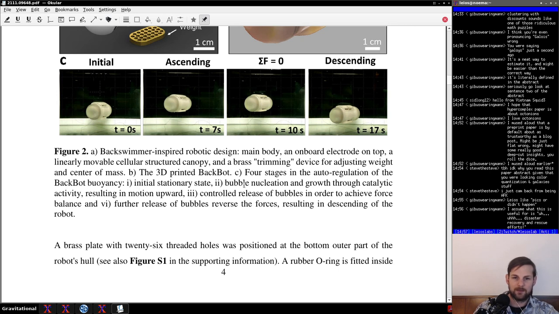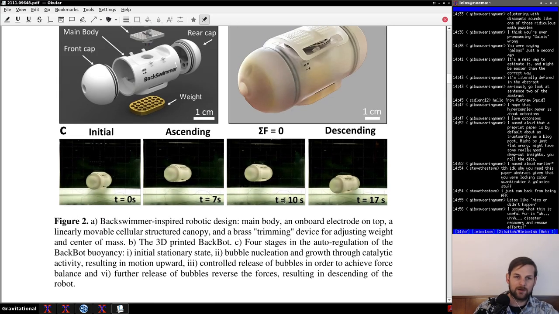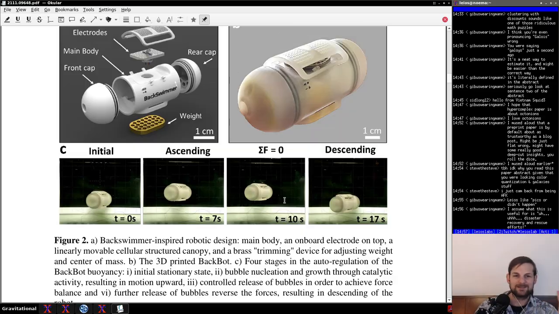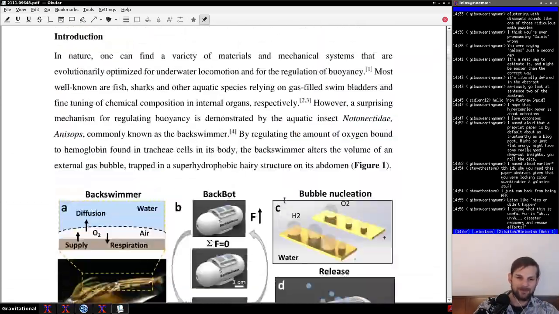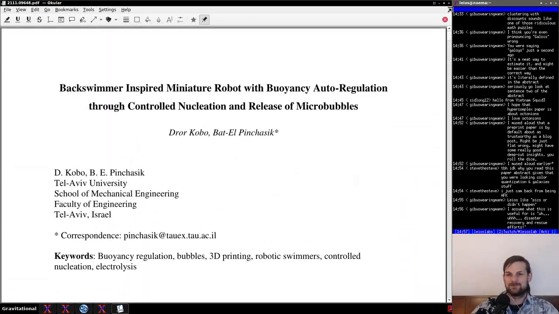The initial stationary stage, bubble nucleation and growth through catalytic activity resulting in movement upward, controlled release of bubbles in order to achieve the force balance, and further release of bubbles to reverse the forces, resulting in descending of the robot. So are they just making the robot really hot in order to create a bubble and then having the bubble make the thing float? That's actually quite cool. I don't know what it's useful for, but it's quite neat.